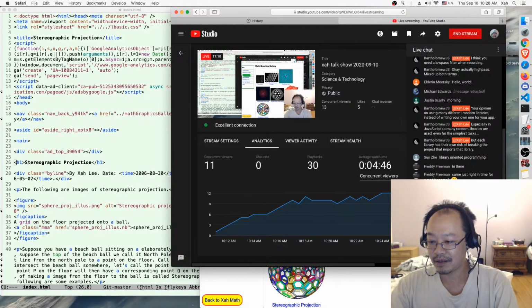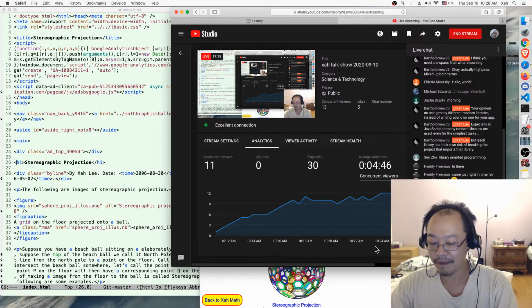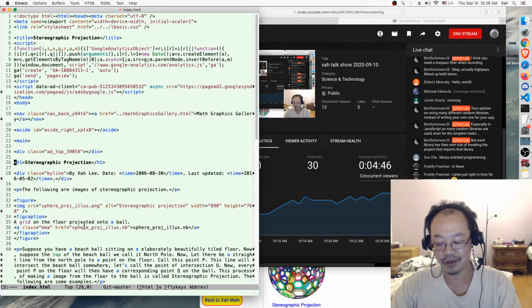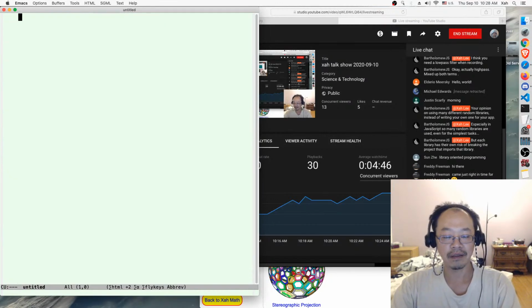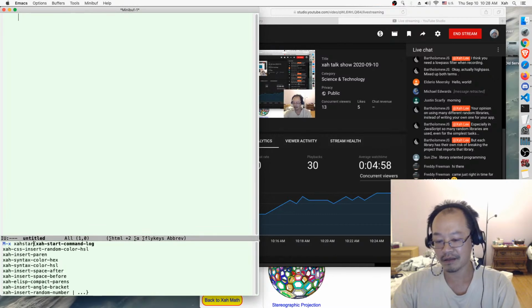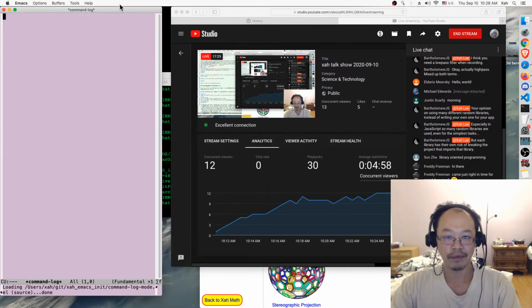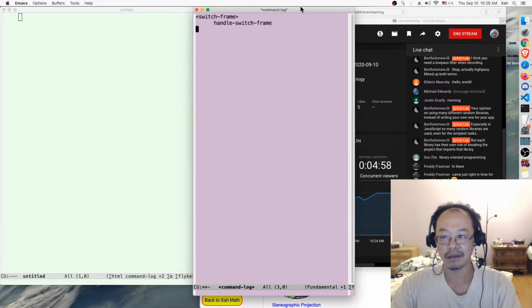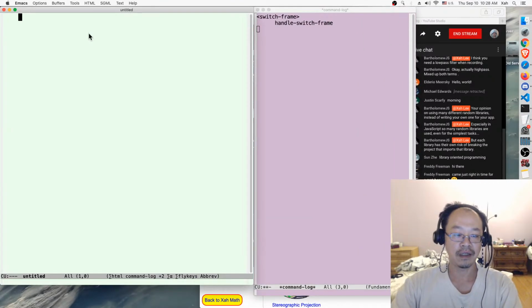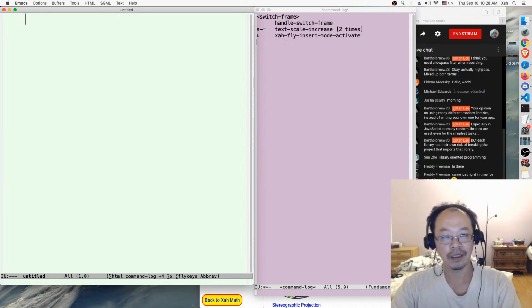Okay, so that's about that. I actually have an article on that. If you just search for, it's Emacs stuff, the command log mode. Back to, here you can see all my commands in a pink window.